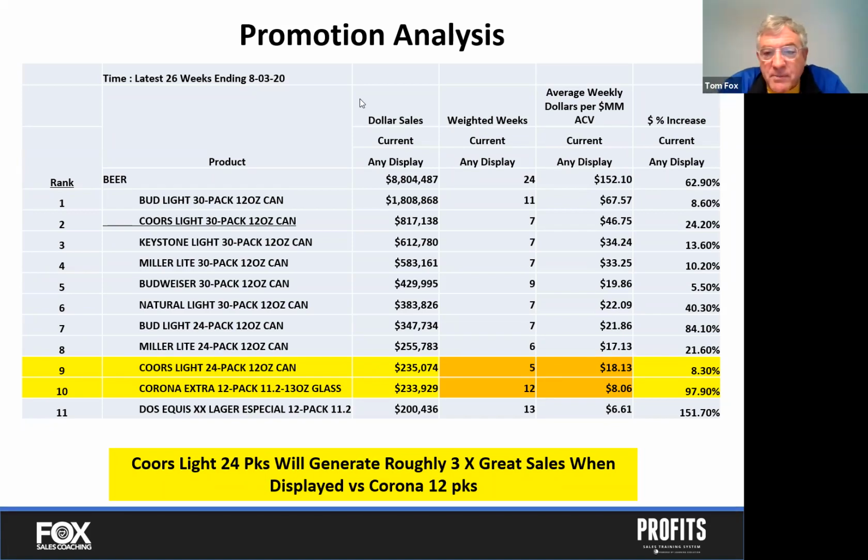If you and I want to spend some time offline, it would take me 5 minutes to walk you through it on the Armadillo platform. They may not have dollars per million, Matthew, but they're going to have weighted weeks. I think you have to go to one of those promotional tabs or merchandise. But you can absolutely conduct this analysis by weighted week.